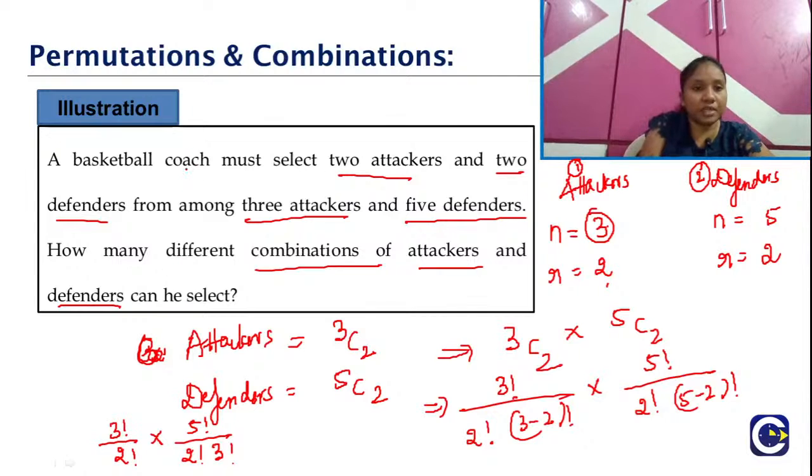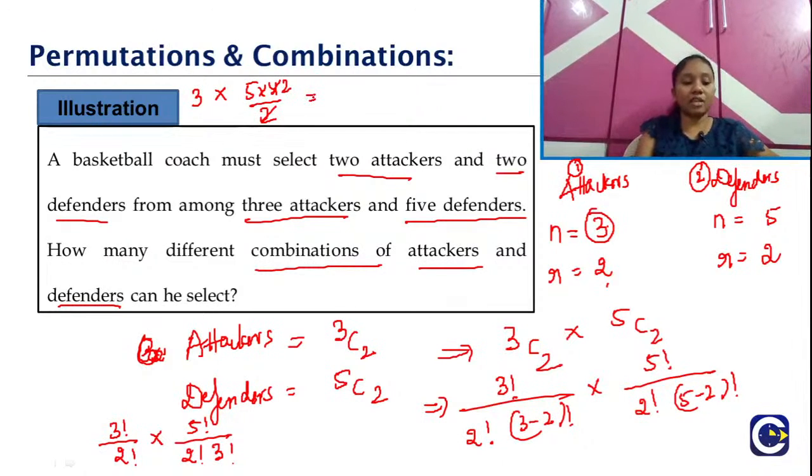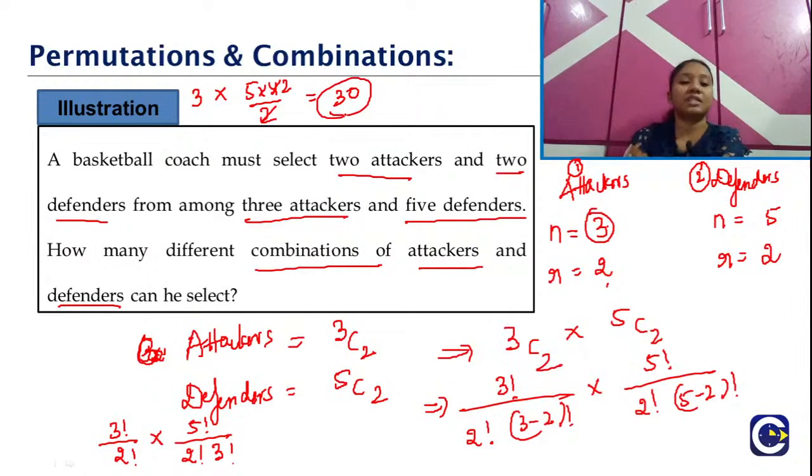So 3 by 2 will be 3 only, 2 factorial will get cancelled, and 5 into 4 and 3 factorial will be getting cancelled. Here we are having 2, so it will get cancelled 2 times. So 5 into 2, 10, and 10 into 3 will be 30. So the coach will be selecting in 30 different combinations of attackers and defenders in order to form a team here.